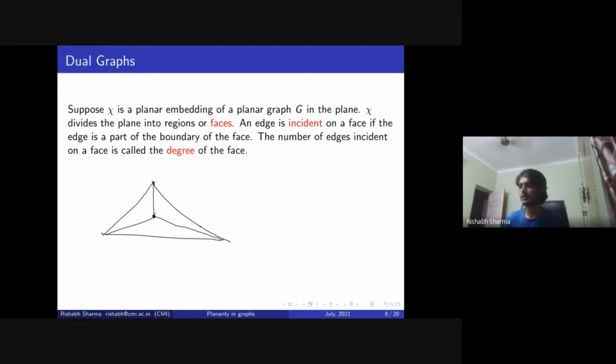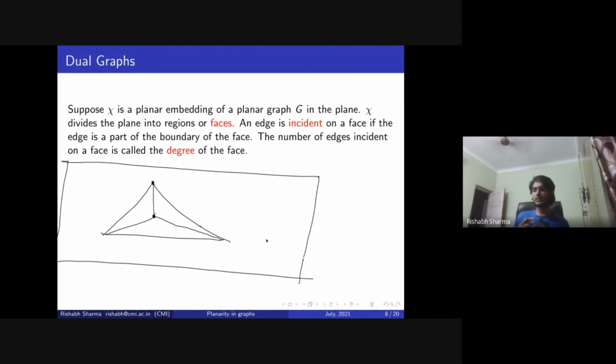This drawing is on a plane. This is my plane, and this is the drawing. In some sense, this drawing divides the plane into various regions. I have region number 1, 2, 3, 4. It divides it into 4 regions, and one of them is unbounded, but still a region.